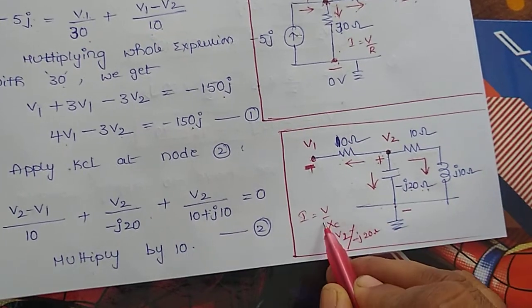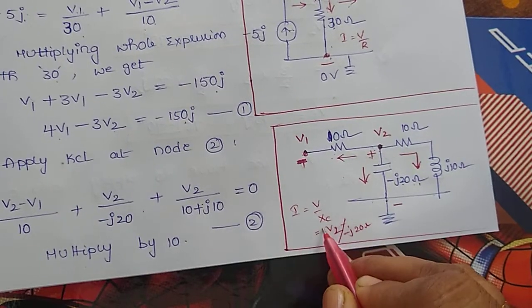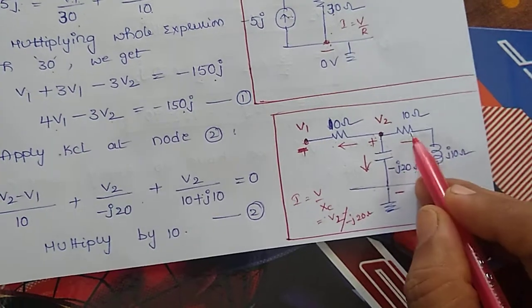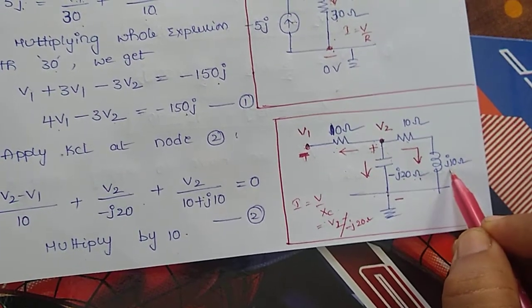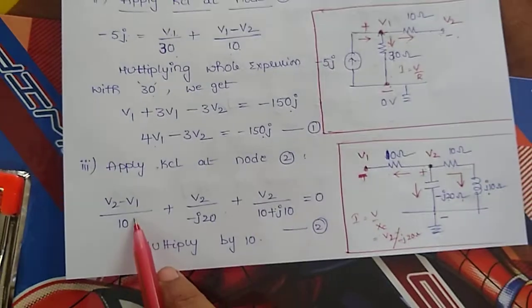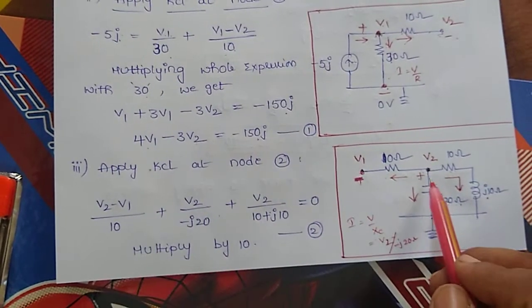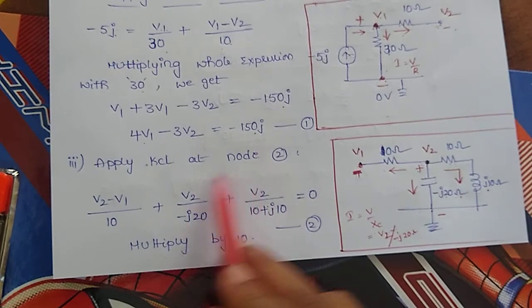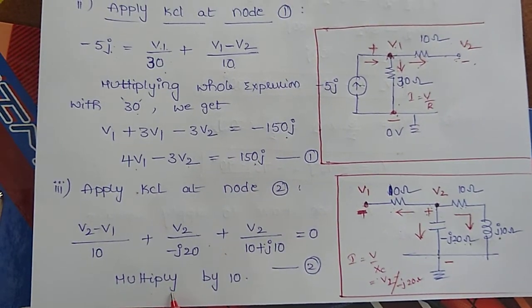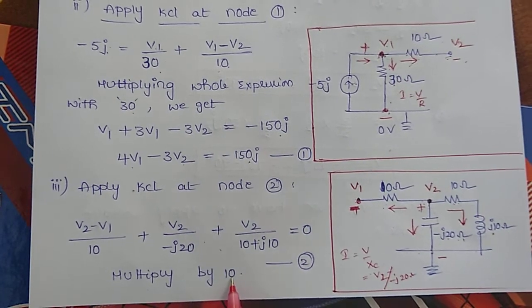So like that we need to write current flowing through each and every branch. Similarly here also voltage across this branch is V2 and the impedance value is 10 plus J10, R plus JXL. So like this I am going to write the KCL equation in which all are outgoing currents. So sum of all the outgoing currents will be equal to 0. Then for simplicity I am going to multiply this equation throughout by 10.